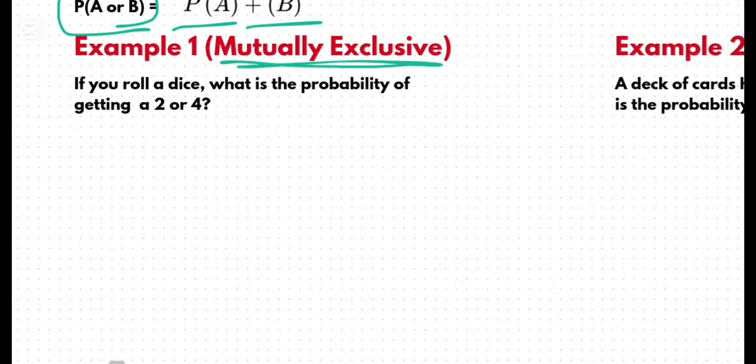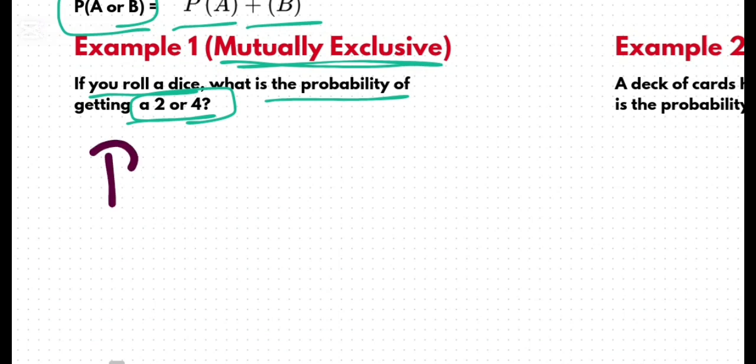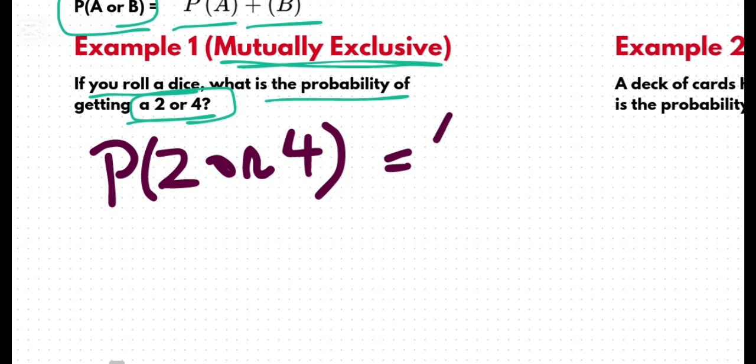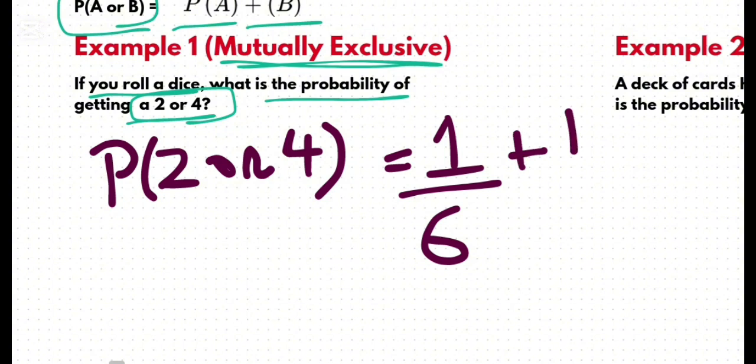Example number 1. What if you roll a dice? What is the probability of getting a 2 or 4? So if you solve this, the probability of 2 or 4 is equal to 1 by 6 plus 1 by 6.